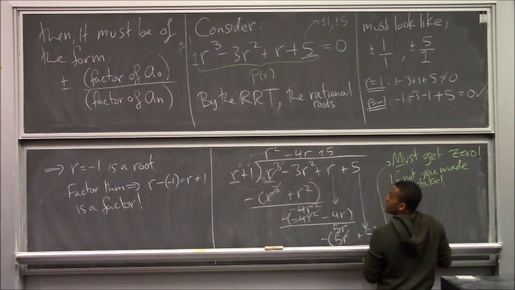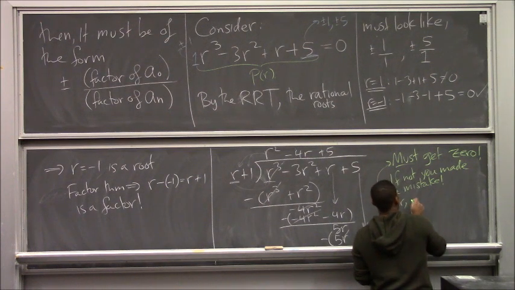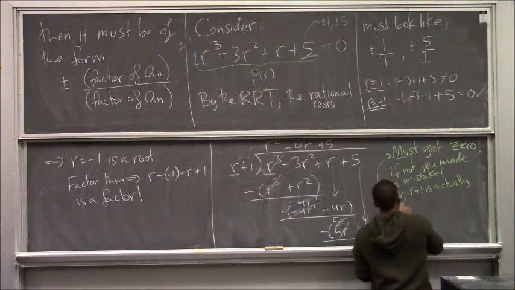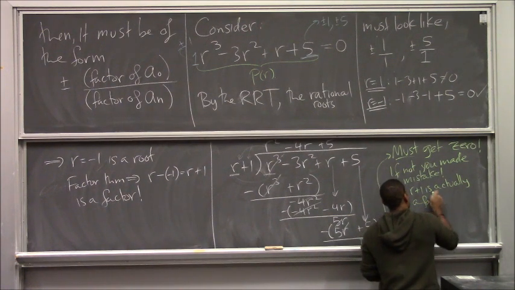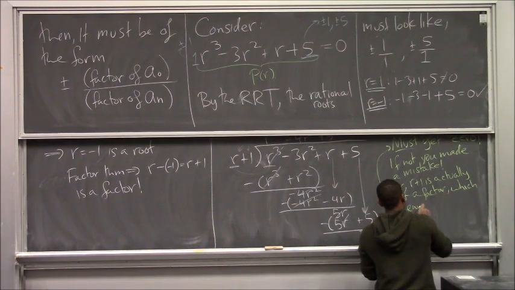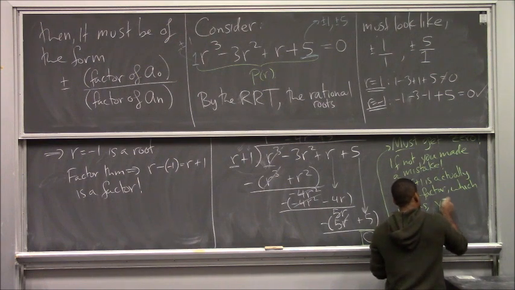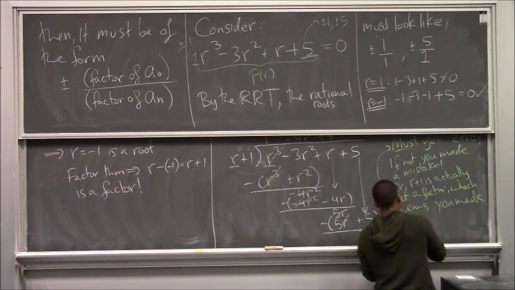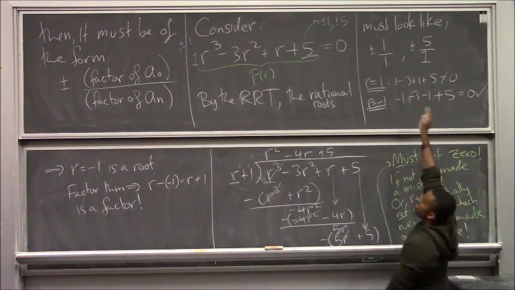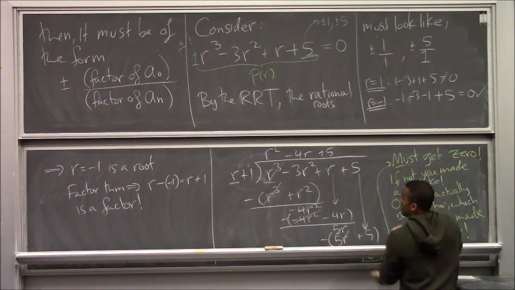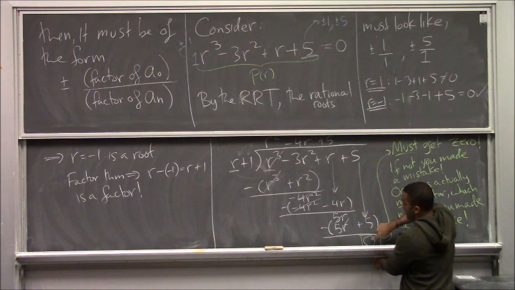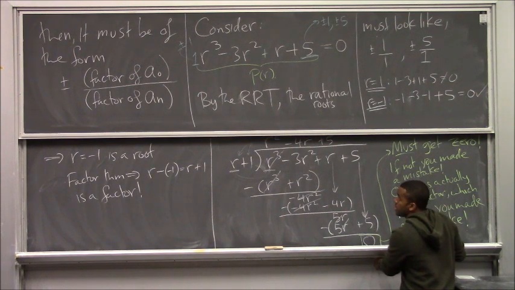Or, the other possibility is that r plus 1 is actually not a factor, which means you made a mistake. Right? So either you messed up here and you shouldn't have gotten 0, or you messed up somewhere right here. Once you do the long division, you have to get 0. If you get a remainder, it means the thing cannot be factored using that.